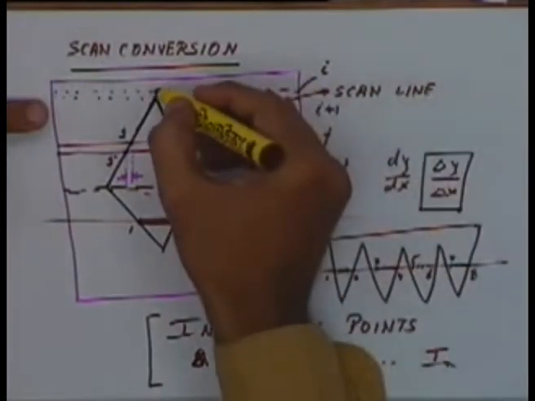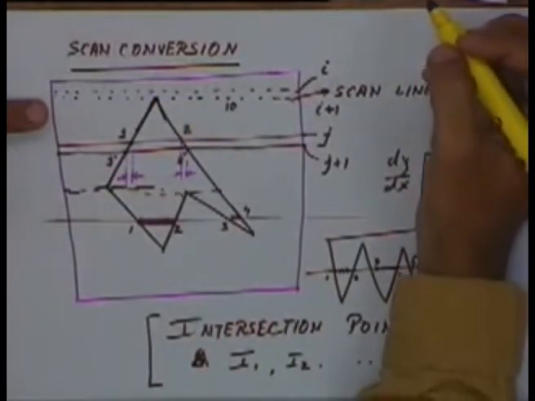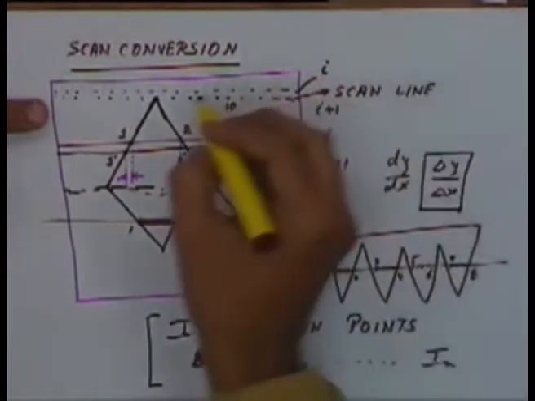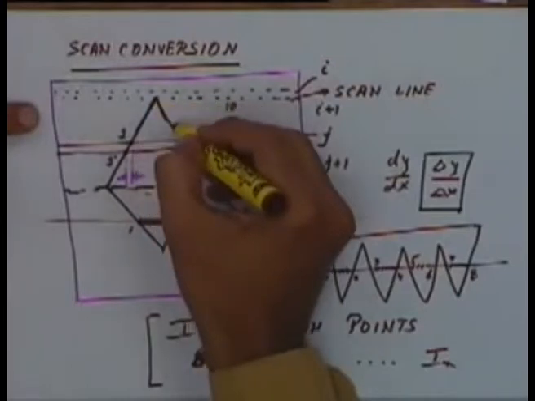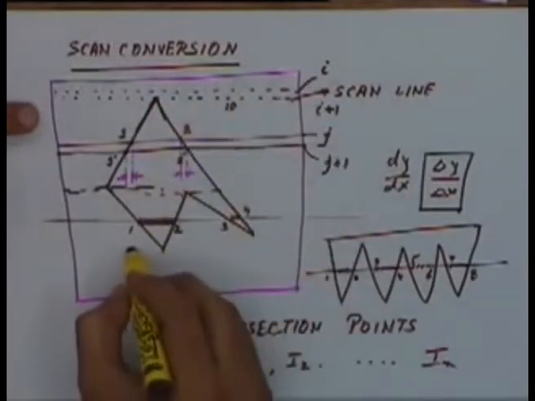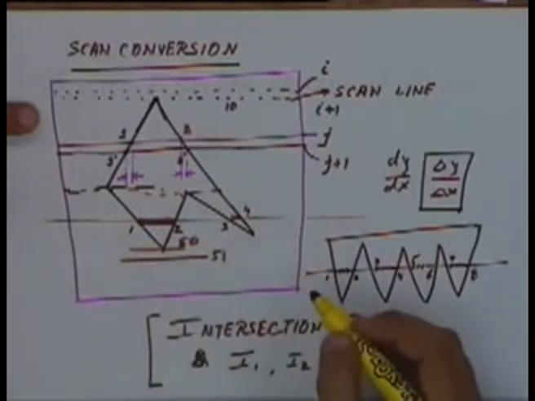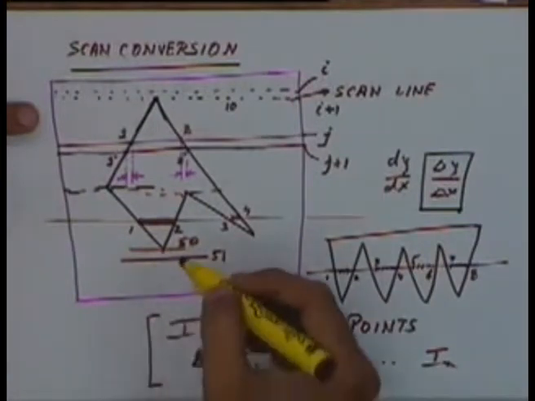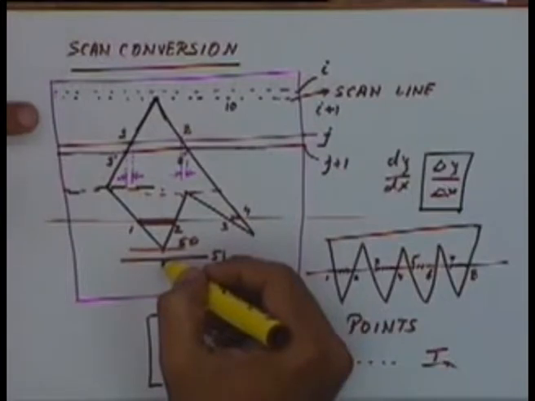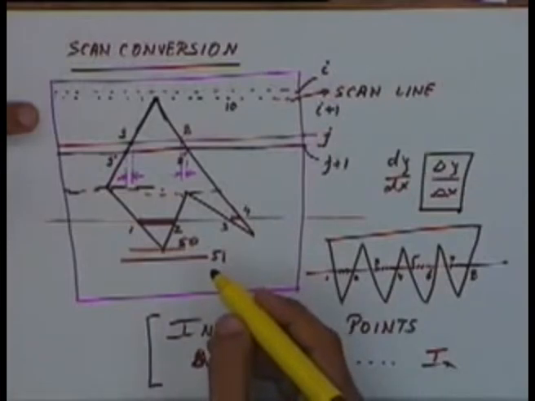So as I come from 9 to 10, and I know that at 10 two edges are going to start, that will help me in taking care of the intersection of these two edges. Similarly, as I go from scan line 50 to 51, I know that two edges are going to end in that region. So when I go from 50 to 51, I will delete the intersection of those edges and not bother about them anymore.